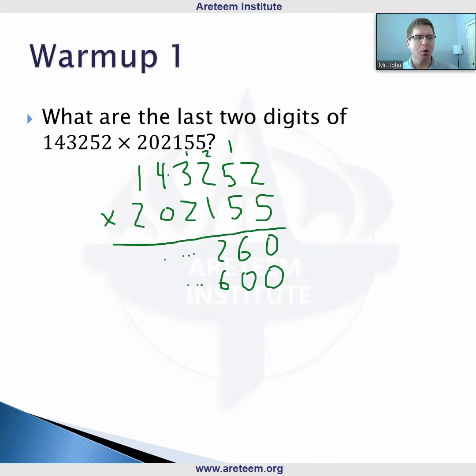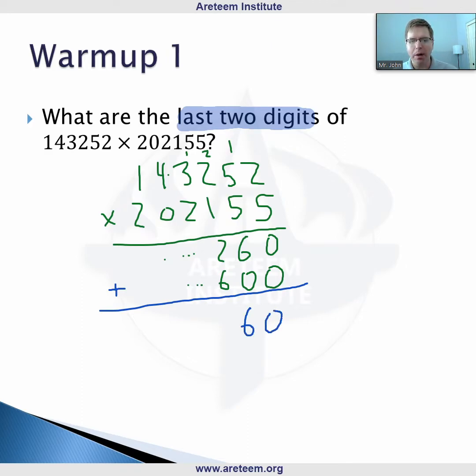Well, remember, we're looking for the last two digits anyway, right? So we just want those last two digits in the problem right off the bat. And notice our last step here is going to be to add up these numbers. The reason I put the dot, dot, dots is that those don't matter.